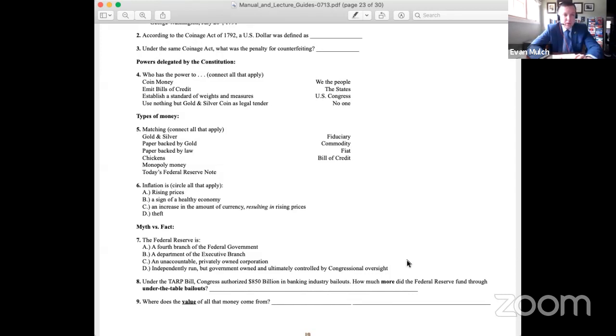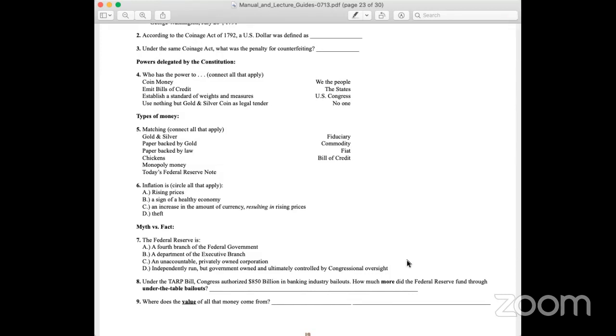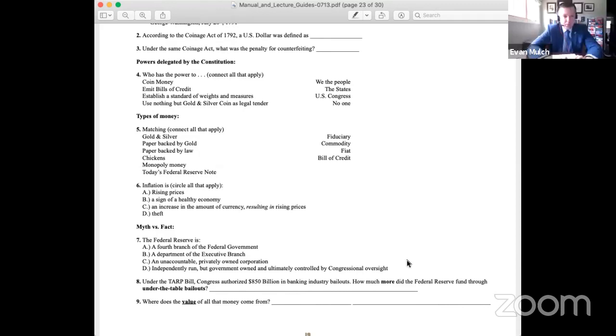They want us to think that inflation is rising prices. It's really not. And inflation is never a sign of a healthy economy. So when we go to C, inflation is an increase in the amount of currency resulting in high prices. Yep. And it's also D, inflation is theft.